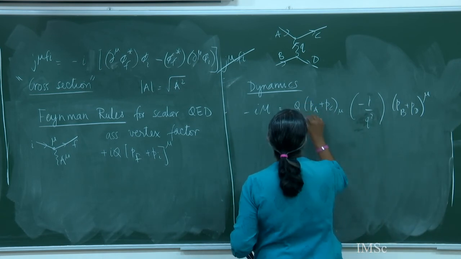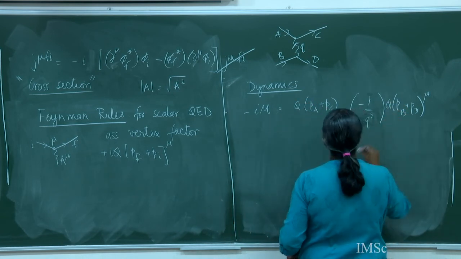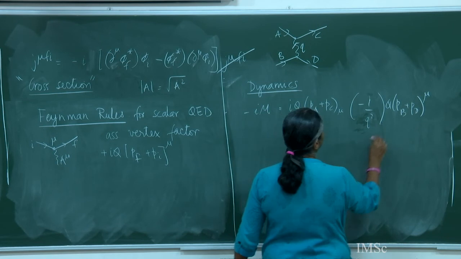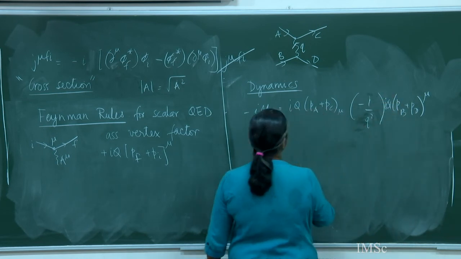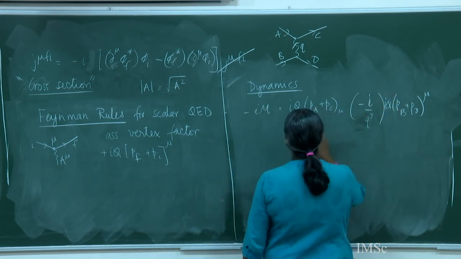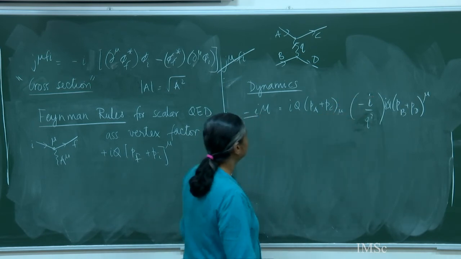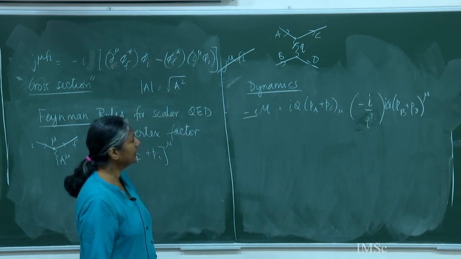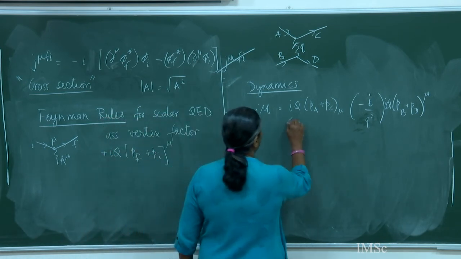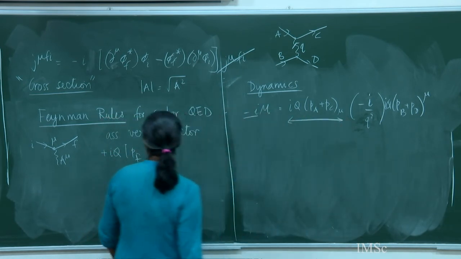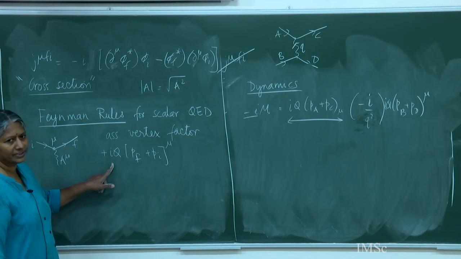So there's a Q over here and a Q over here, and I'm going to put an I over here, and another I over here, because I've defined this as minus I times M. Okay? Is it clear? So you can see that this quantity is what we have identified as this vertex.